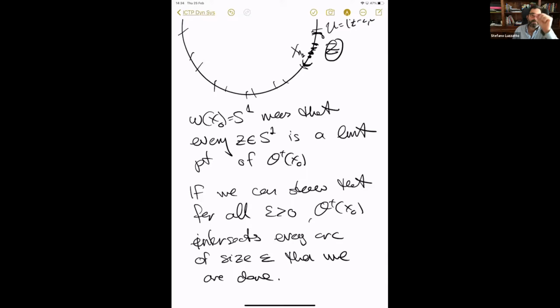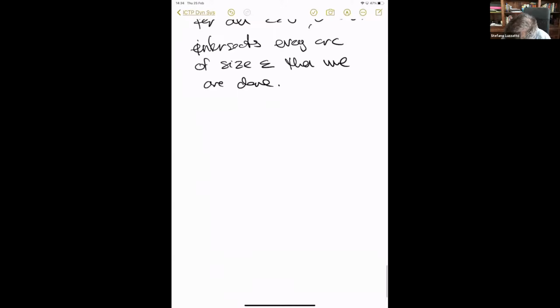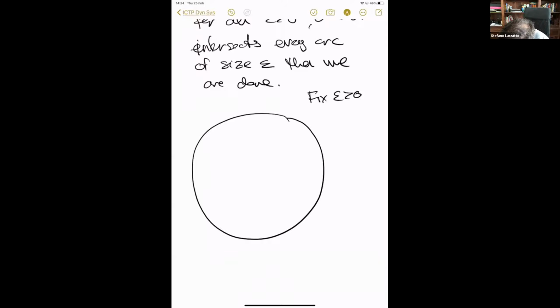So you take epsilon very small. In other words, we can do this: suppose we fix epsilon, and then we cover the circle with arcs of size epsilon. They do not need to be disjoint, but we cover the circle with a finite number of arcs of size epsilon.